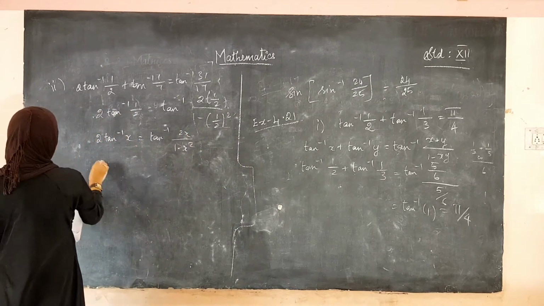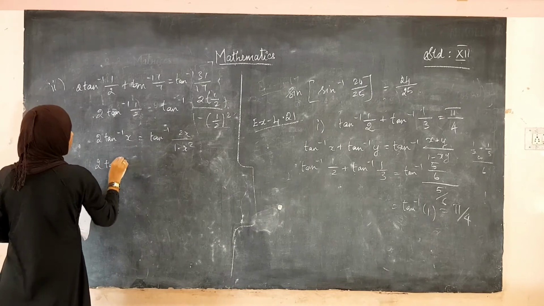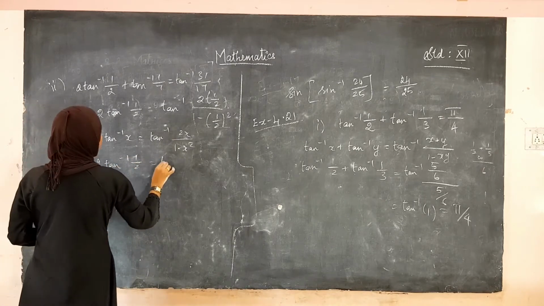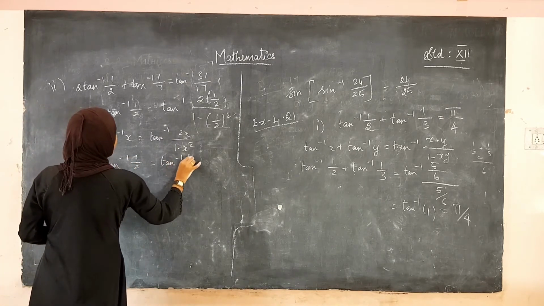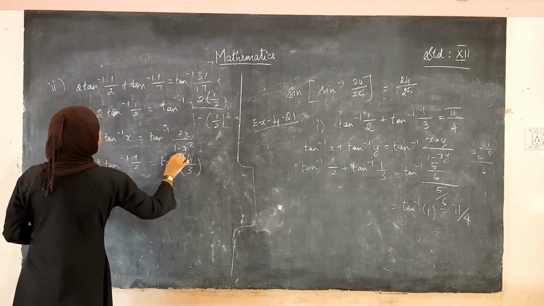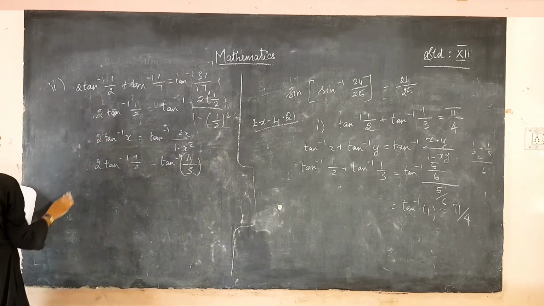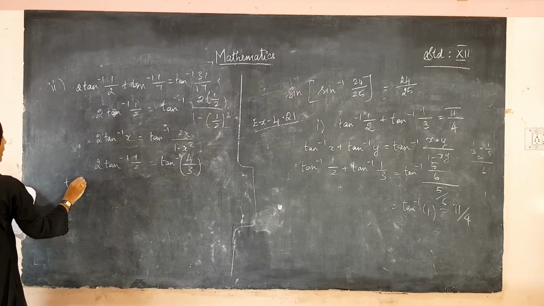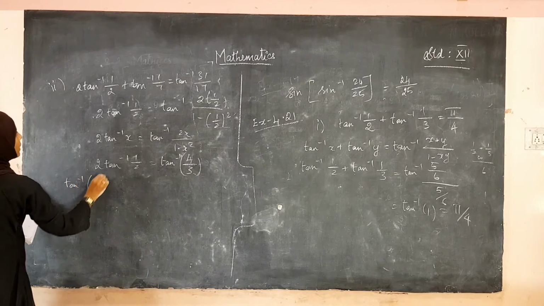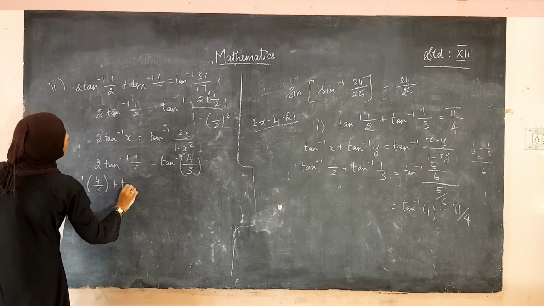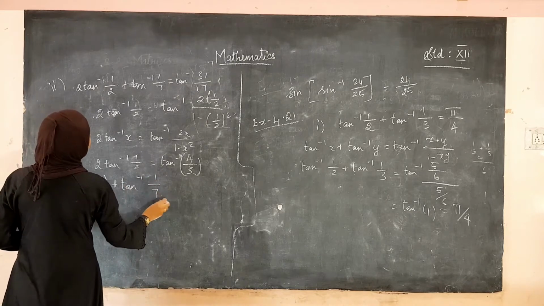So, 2 into tan inverse of 1 by 2 will be equal to tan inverse of 4 divided by 3. Now substituting in this, the question becomes tan inverse of 4 divided by 3 plus tan inverse of 1 divided by 7.